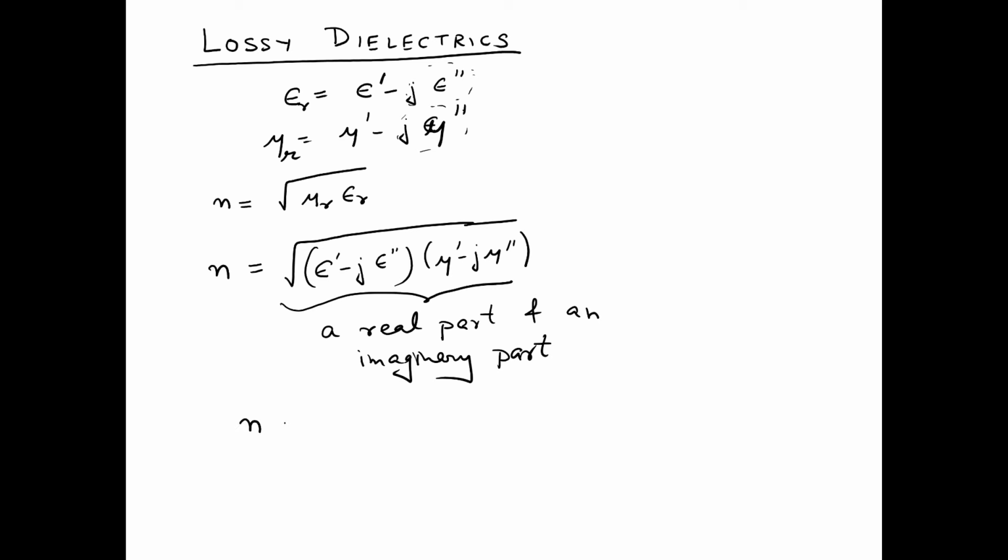So n is normally written as n minus jk. There is a real part and there is an imaginary part to it. This k has nothing to do with the wave number.